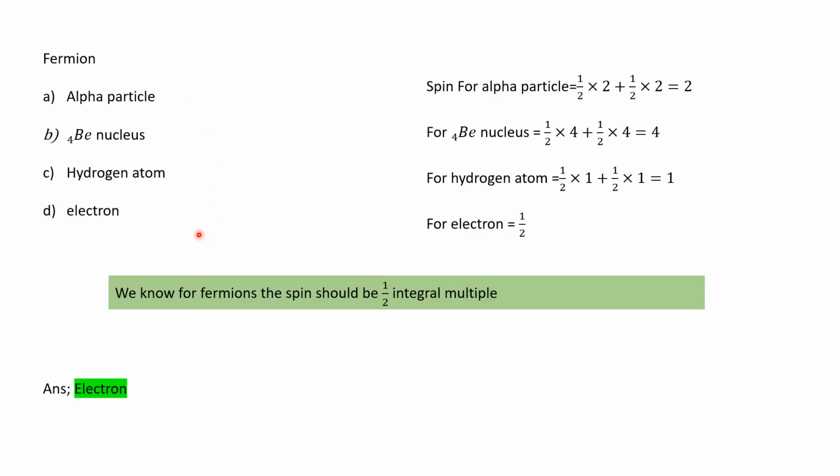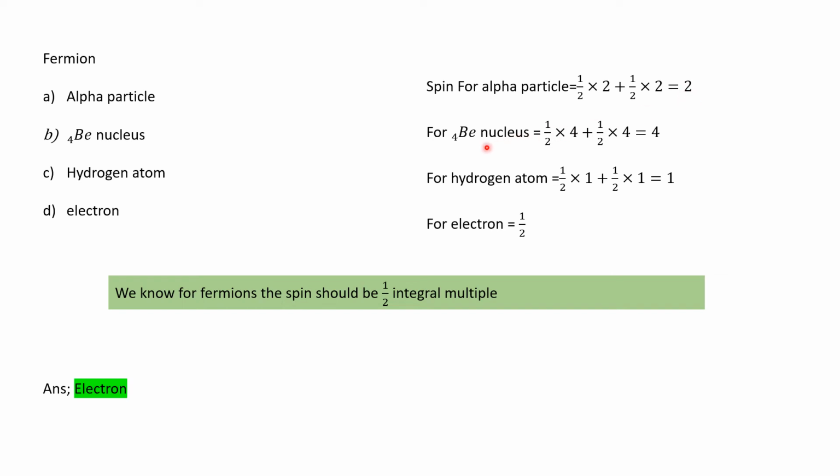And here is the solution. We all know that for fermions the spin should be a half integral multiple. So let's see what it will be for alpha, beryllium, hydrogen and electron. For alpha particle it would be half into 2 plus half into 2, and here these 2 and 2 are the number of protons and number of neutrons, that is coming out to be 2.